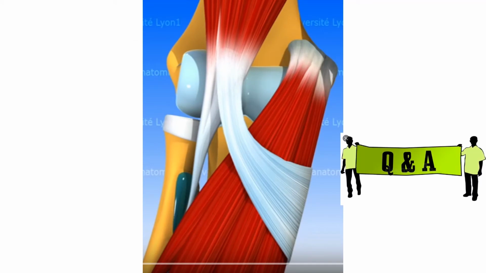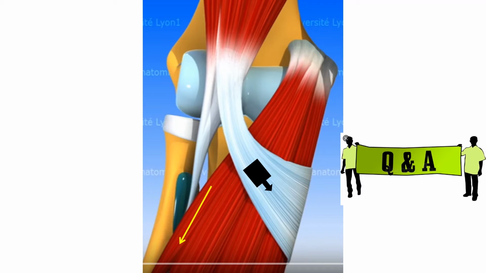Questions and answers. What is this? This is the second part of the end of the biceps brachii, the biceps aponeurosis, and it turns to the back and encloses several flexor muscles.